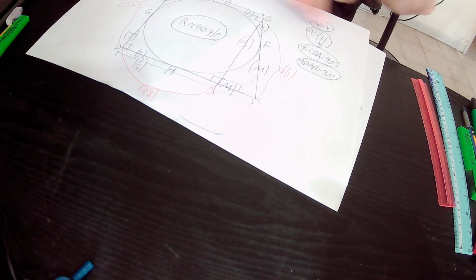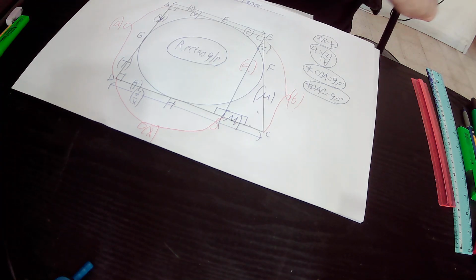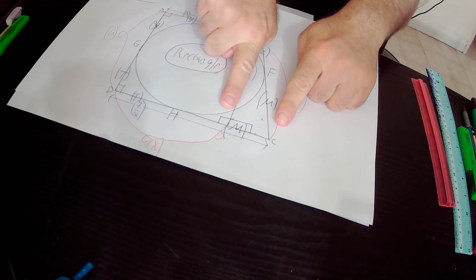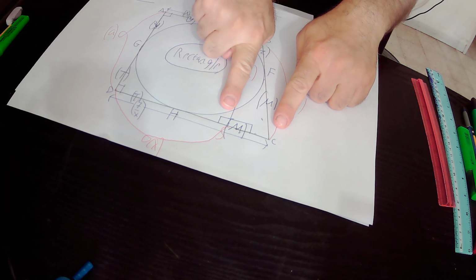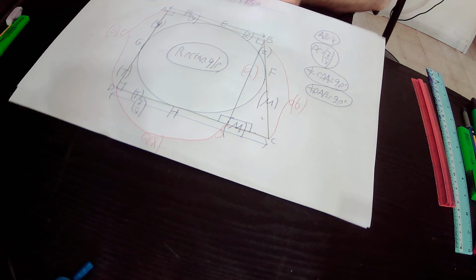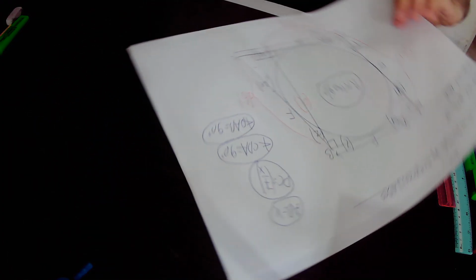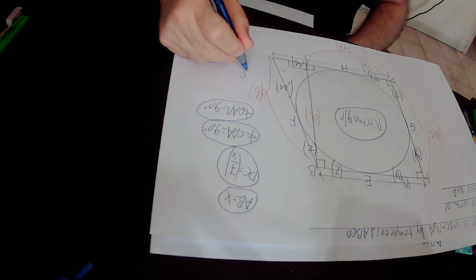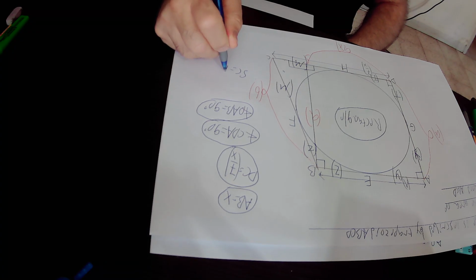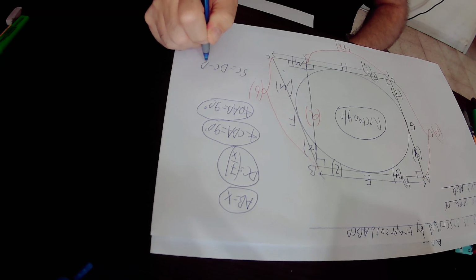From the drawing, it is very easy to see that SC equals DC minus DS. Again, SC equals DC minus DS. So that is known. The length of side SC is equal to DC minus DS.